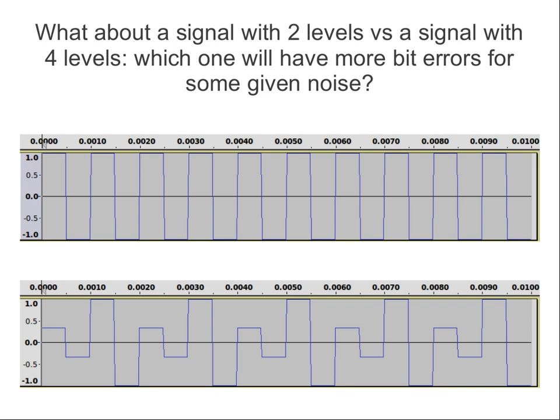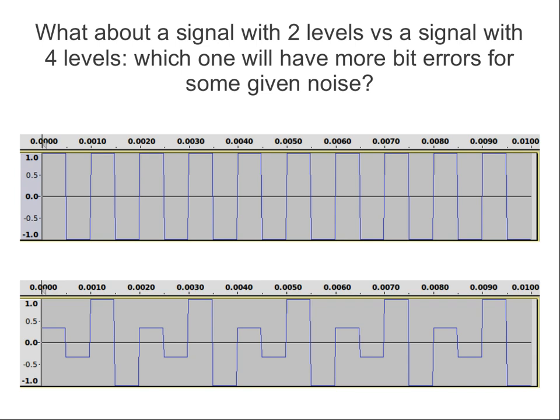Look at our signalling scheme, the definition on the right side. We have 2,000 signal elements per second, where a signal element can be one of 4 levels. Each level represents 2 bits. Therefore, one signal element carries 2 bits of data.